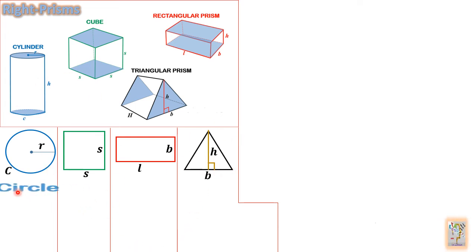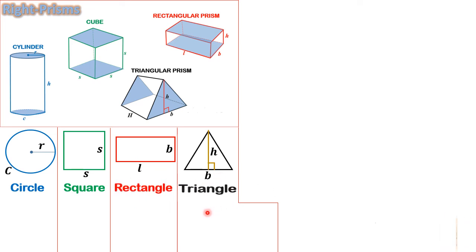So we agree to say the first one is a circle, the second one is what? It's a square, and the third one is a rectangle. It's a rectangle, and automatically the last one will be a triangle, okay? Now, why am I putting them here? Because I'm saying the volume of three-dimensional objects is actually a translation of two-dimensional shapes, either up or down, to the left or to the right, at an angle of 90 degrees, okay?